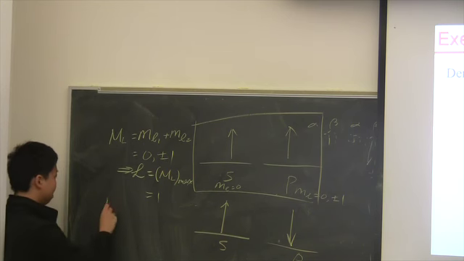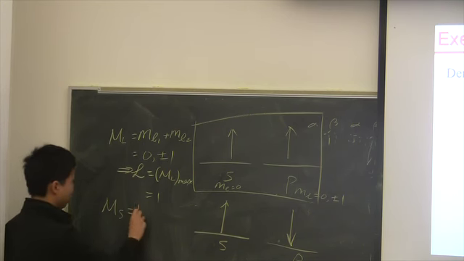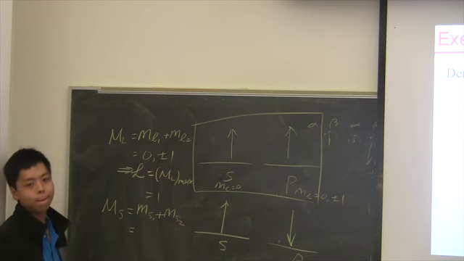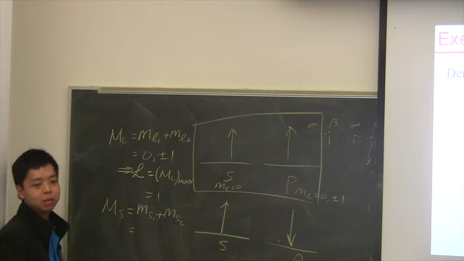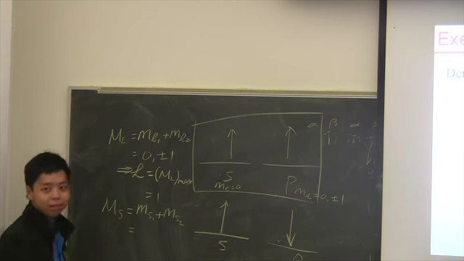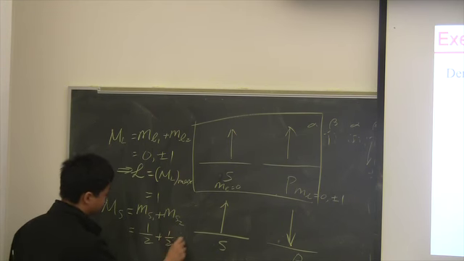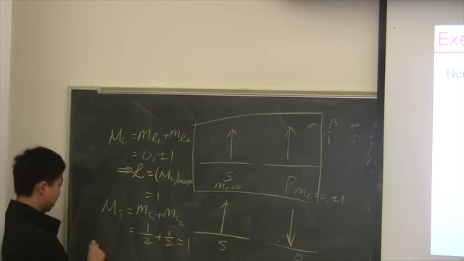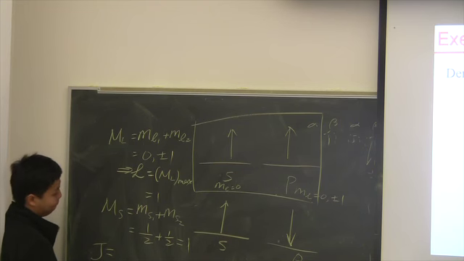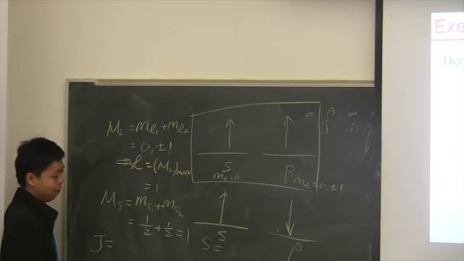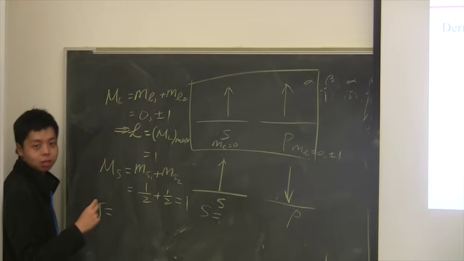Next, what does MS equal? MS1 plus MS2. With both spins up, 1 half plus 1 half equals 1. Oh, sorry, we need to find S first. MS equals 1, so S equals 1.